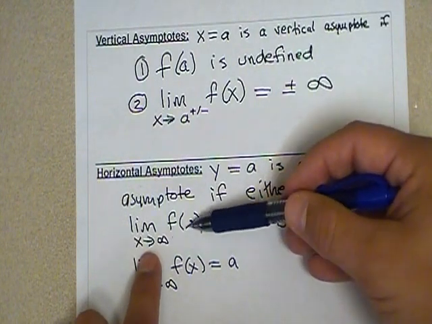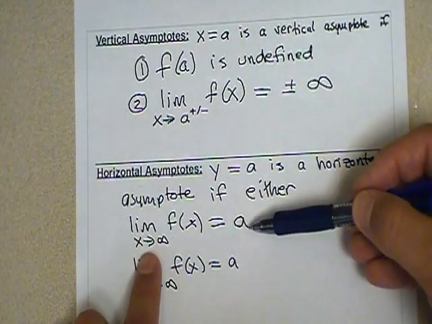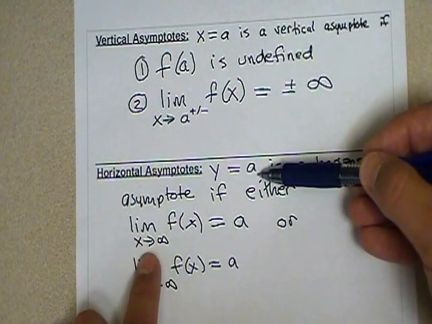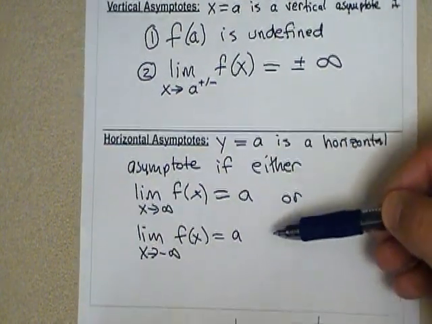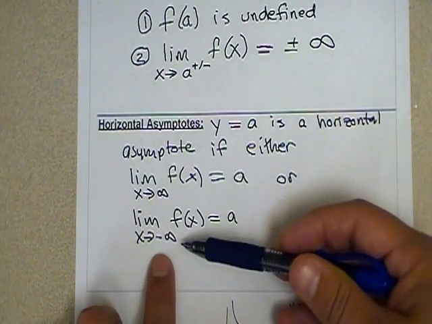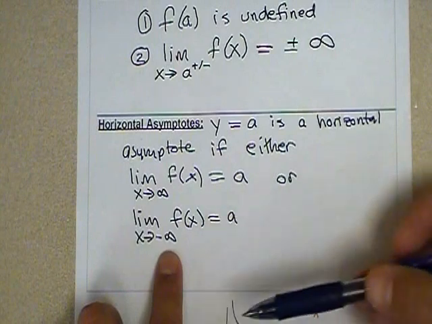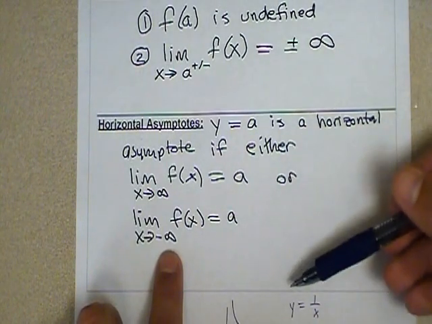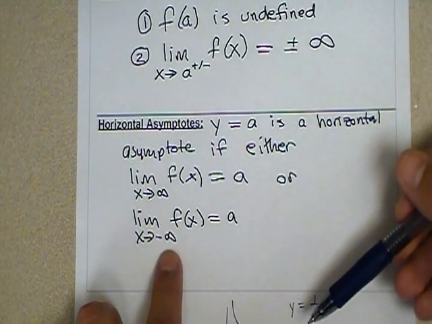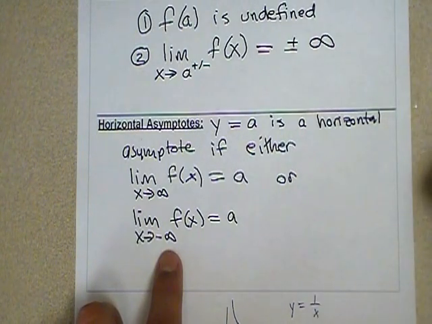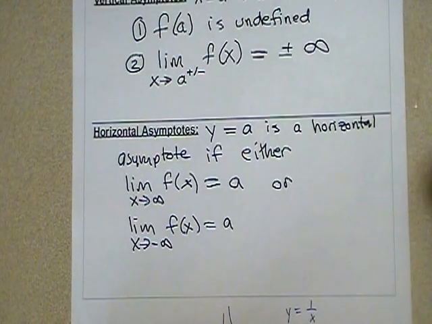If you check the limit as you approach infinity for a function and your answer is a numerical, finite value, you know you have a horizontal asymptote at that value. The other thing that could be true is that the limit as you approach negative infinity is also a on that function. If either of these happen, you definitely have a horizontal asymptote at the value of a. Most of the time, like I said, both of them do happen simultaneously.